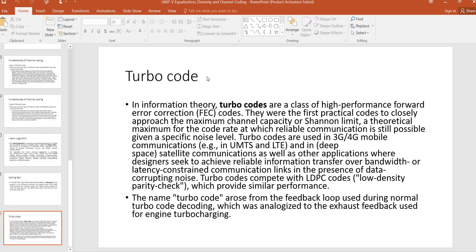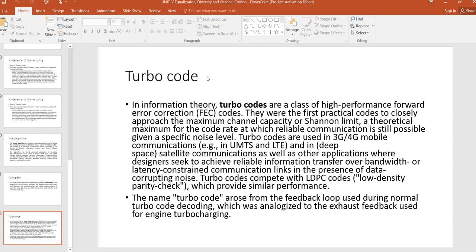The code closely approaches the minimum code rate, up to the channel capacity limit. This is a theoretical minimum for the code rate at which reliable communication is still possible given a specific noise level. Turbo codes are used in 4G and 3G mobile communications.